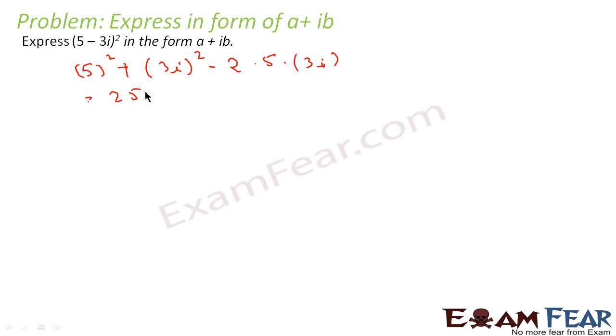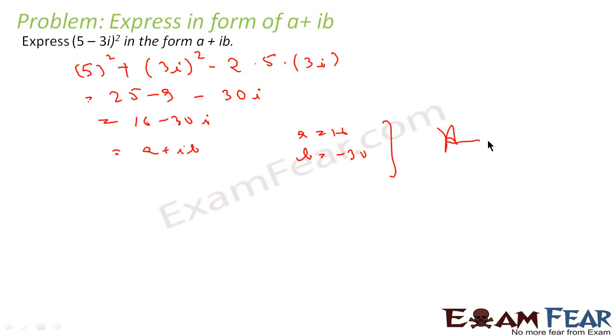Correct? So what you get is 25 minus 9, because 3i square is minus 9, minus 30i, and this is nothing but 16 minus 30i, and this is nothing but a plus ib form, where a is equal to 16 and b is equal to minus 30.